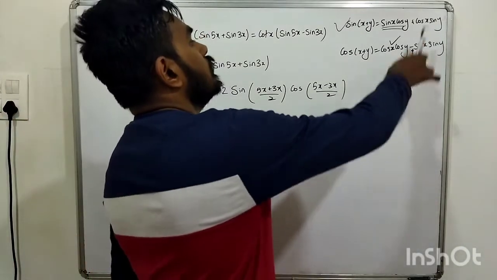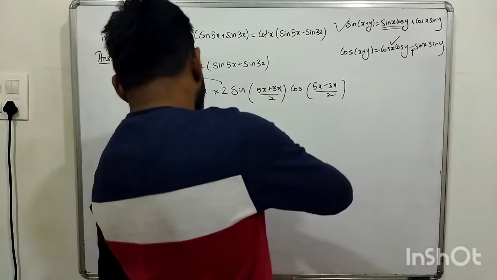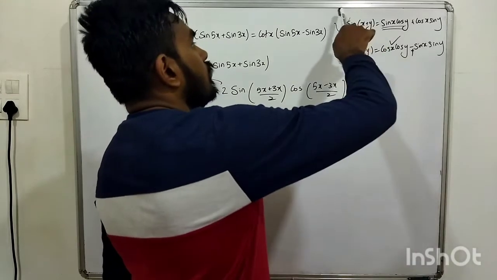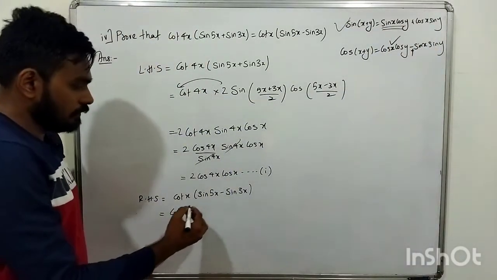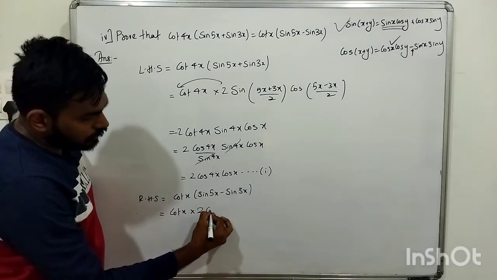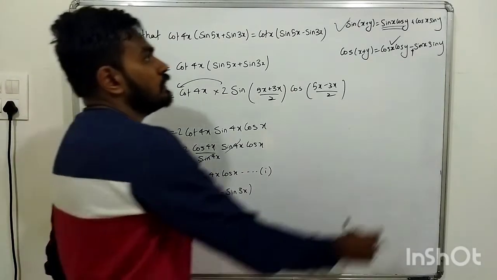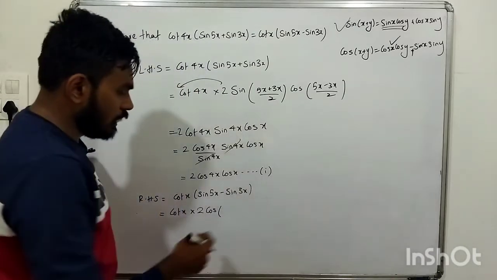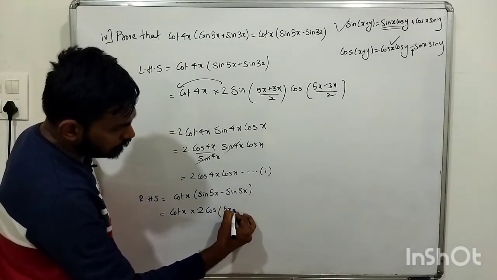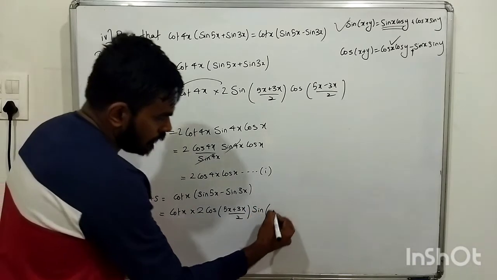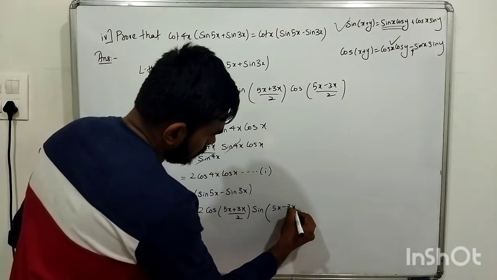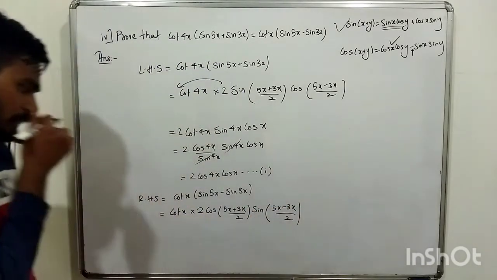Sin x minus sin y is 2 cos (5x plus 3x) upon 2 into sin (5x minus 3x) upon 2. Now just simplify.